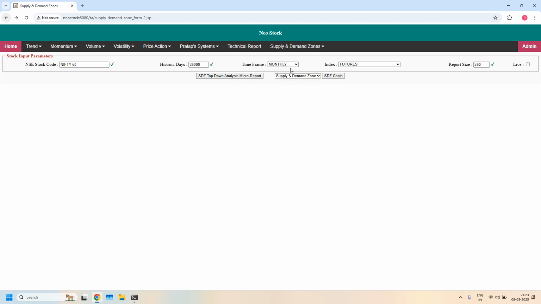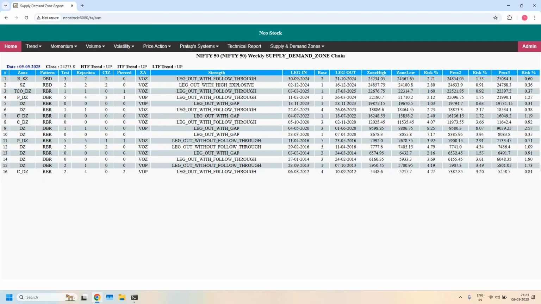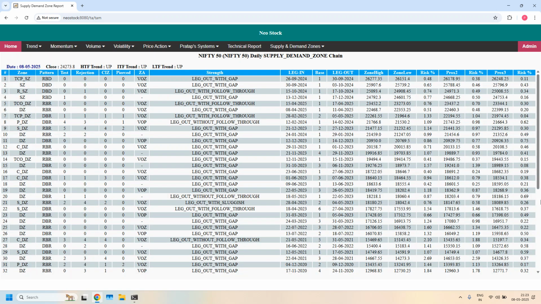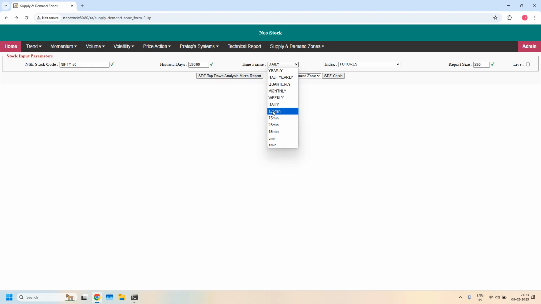Okay, next, generating weekly supply demand zone chain for Nifty. Next, generating daily supply demand zone chain for Nifty. Next, generating 125 minutes supply demand zone chain for Nifty.